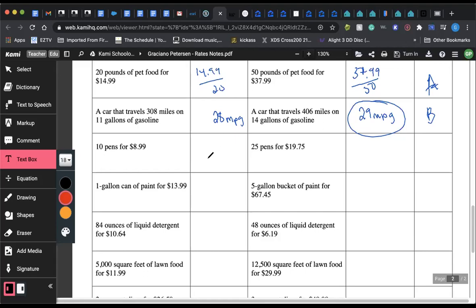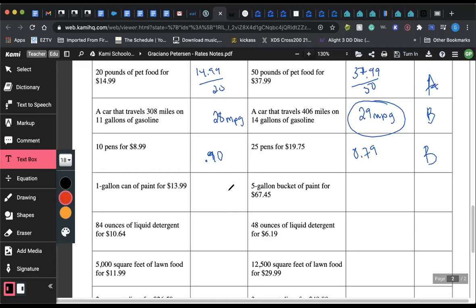All right, what about 10 pens for $8.99 and 25 pens for $19.75? Which one is the better buy, A or B? B is definitely the better buy here. This one was 90 cents, and this one was 79 cents, right?